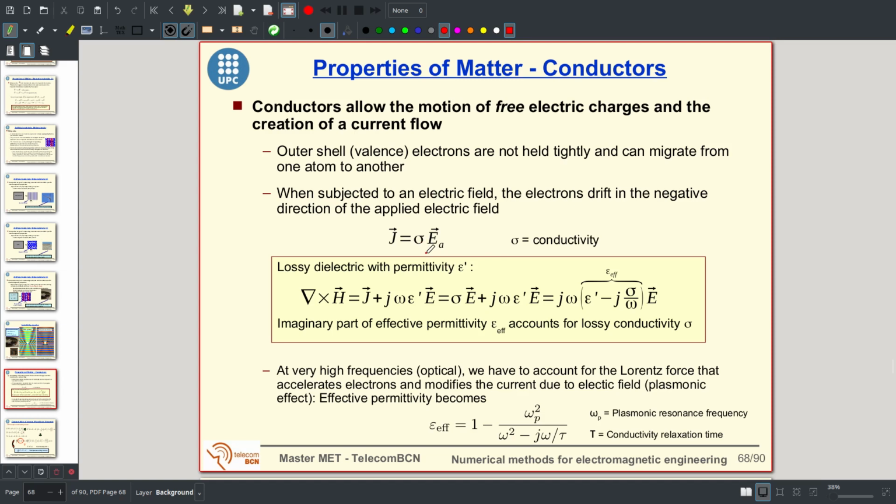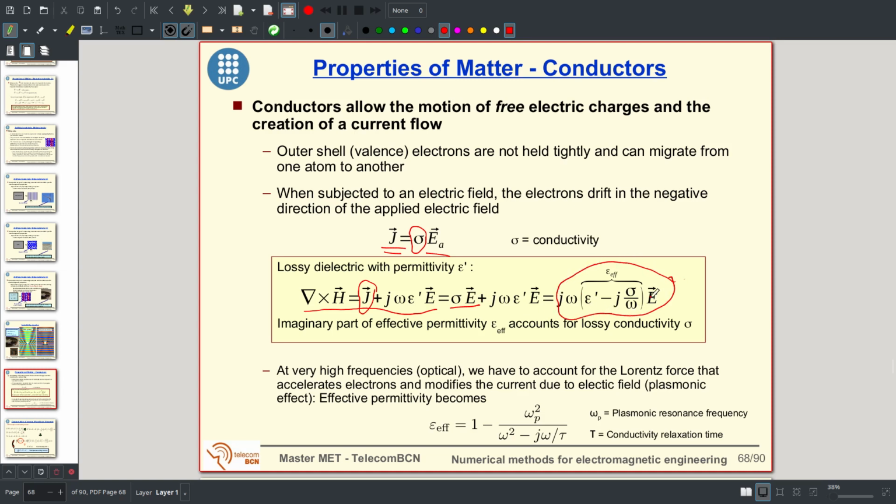So when you apply a field to a conductor, the electrons move and they produce a conduction current equal to the conductivity of the conductor times the electric field. If in the Ampere-Maxwell equation we replace the current by the conduction current equal to the conductivity times the electric field, and we take the electric field out of the summation, we get this.